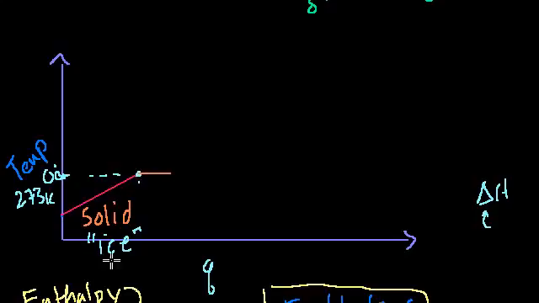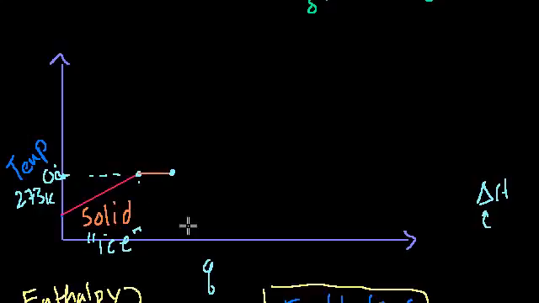For a little period, the temperature stays constant. And while the temperature is constant, it stays a solid. And then we finally turn into a liquid, let's say right there. So we added a certain amount of heat and it stayed a solid, but it got us to the point that the ice turned into a liquid. It was kind of melting the entire time. That's the best way to think about it.